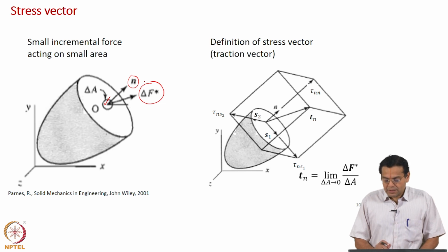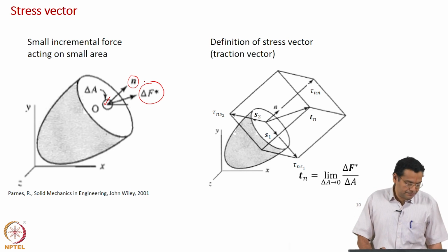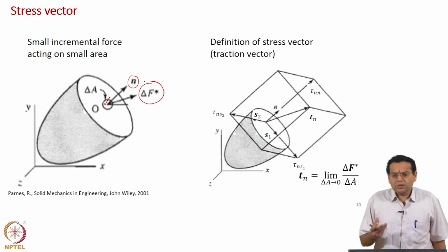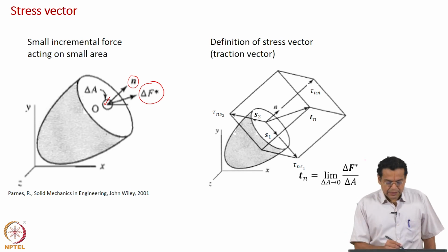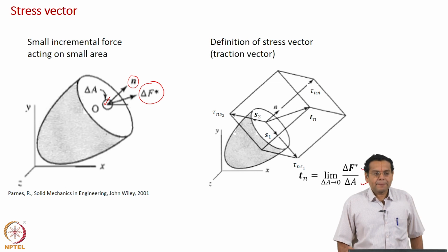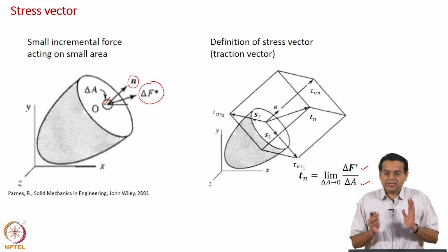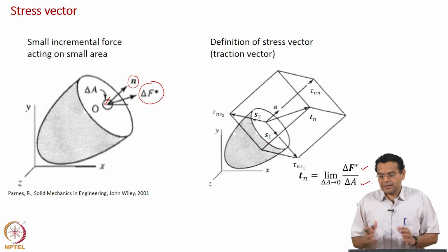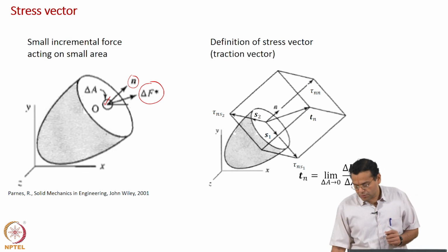Now, this is where we define what a stress vector is. What is the stress vector? It is also called the traction vector. You divide this delta F star by delta A, and then take the limit of delta A tending to 0.